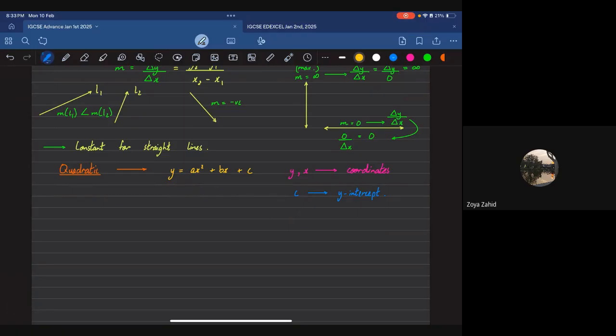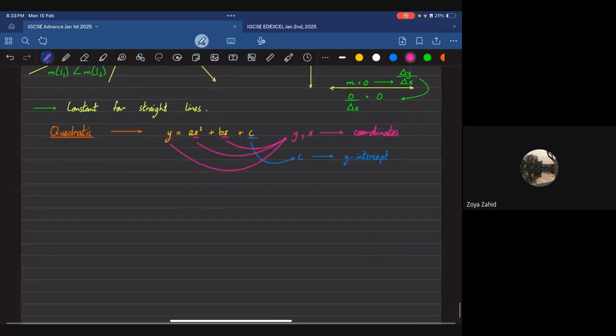A and b have no importance whatsoever, apart from the fact that a has the utmost significance of determining which shape your graph, which shape your curve, is going to take. How is that going to be the case? We'll see. Now, the value of a is extremely important.